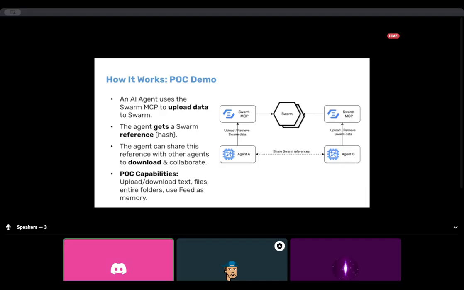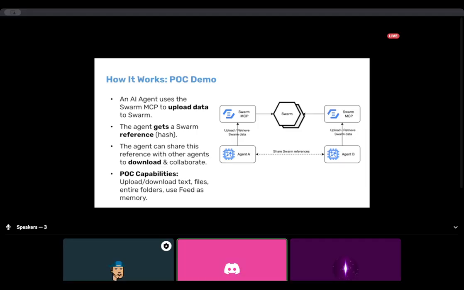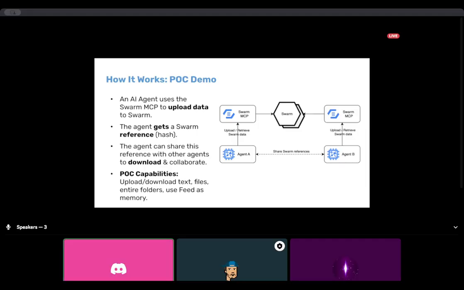A good use case here is to have stages on completing a task, where the agent can update the feed, and another agent can check that feed and see the last result on the last index, or it can just use the feed as a log of steps of results. So there are many use cases there, because whatever Swarm can do, the agent can use all those features as long as it's implemented in the MCP as a function.